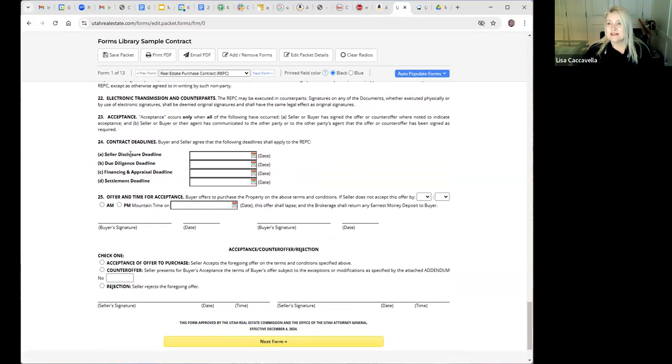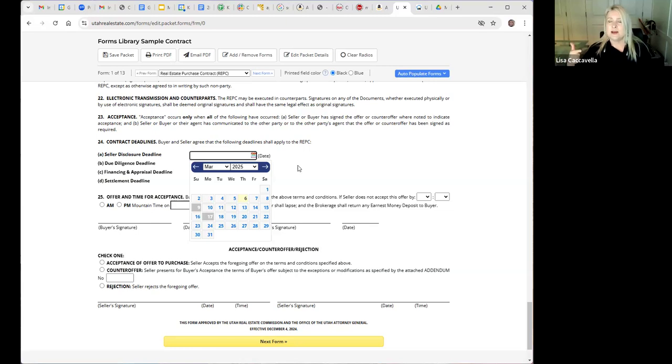So, contract deadlines. Seller disclosure deadline is the time frame of when you want the seller to provide all their documentation: their HOA docs, the financials, the meeting minutes and everything involved with the HOA, CC&Rs, and the seller property condition disclosures.